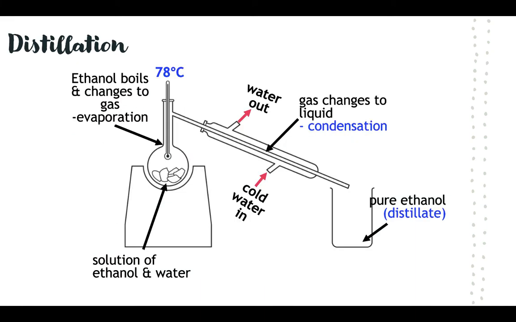In this example, we have a solution of ethanol and water. Ethanol is boiling and becoming a gas at 78 degrees C. At this point, the water is warm, but it is not changing state because it doesn't boil until 100 degrees. So we can separate ethanol and water because they have different boiling points.